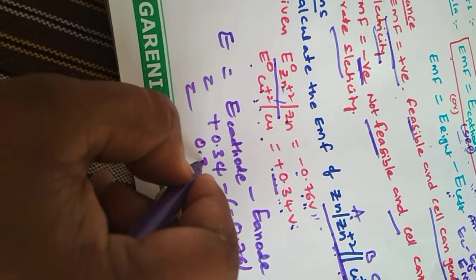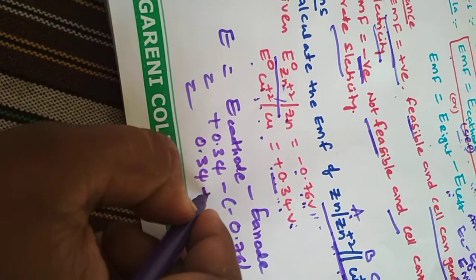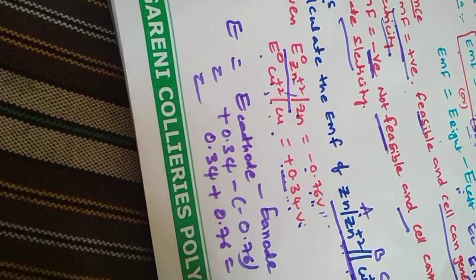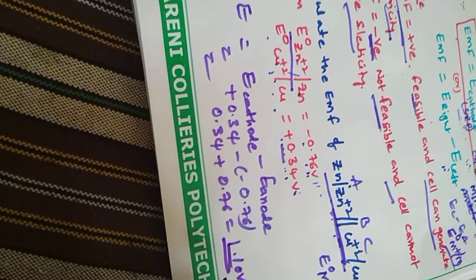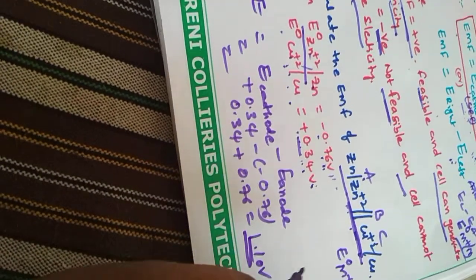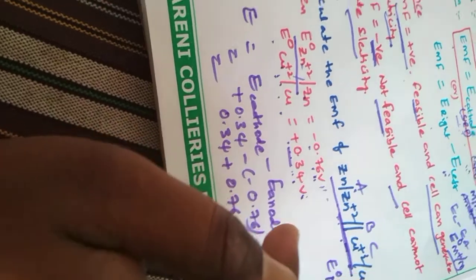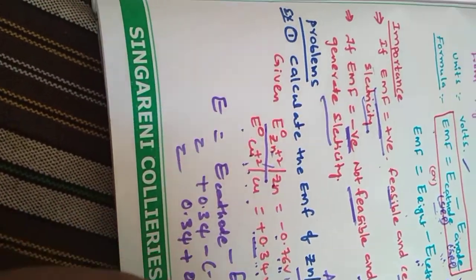So 0.34 minus into minus, plus 0.76, then the value is 1.10 volts. This is the EMF of this cell. Our calculated EMF is positive, hence this cell can generate electricity. This is the first example of EMF.